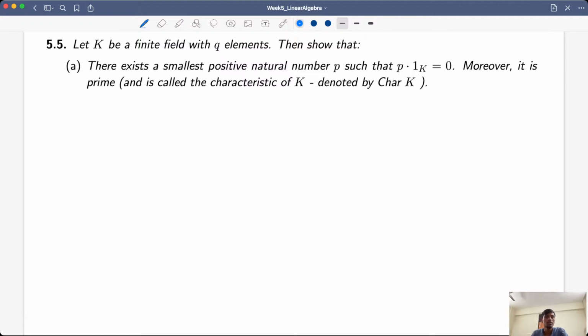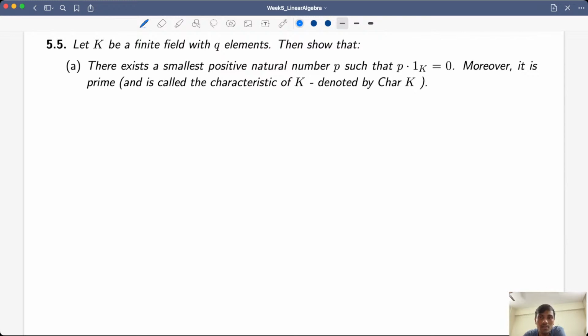Okay, so here this is again related to finite fields, and the characteristic of a field. So here you have a finite field K with q elements, and it is claimed that there exists a smallest positive natural number p such that p times 1_K is 0.